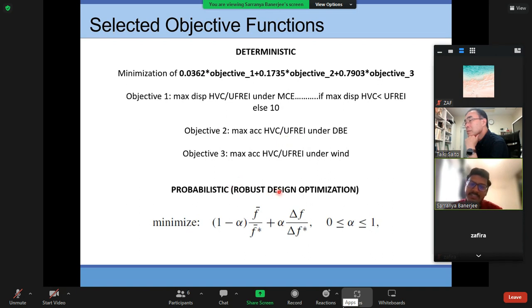In the probabilistic case, Sensei, I actually read some papers, and in some papers there is one method called robust design optimization. In robust design optimization, they calculate this minimization, calculate this optimum, for n different samples of the uncertain parameters.